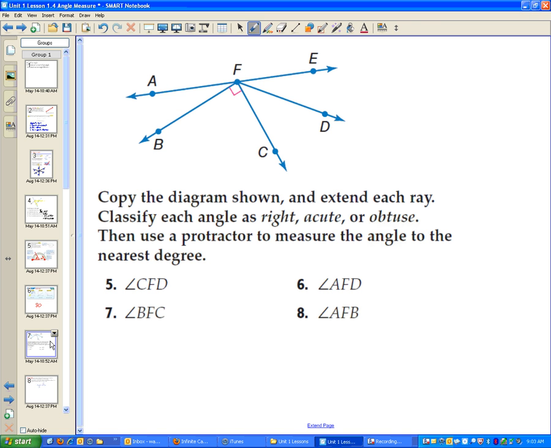So, number 5, angle CFD. Starts at C, the vertex is F, then to D. That's fairly obviously an acute angle. Number 6, angle AFD. Starts at A, goes to F, then to D. That one's obtuse.